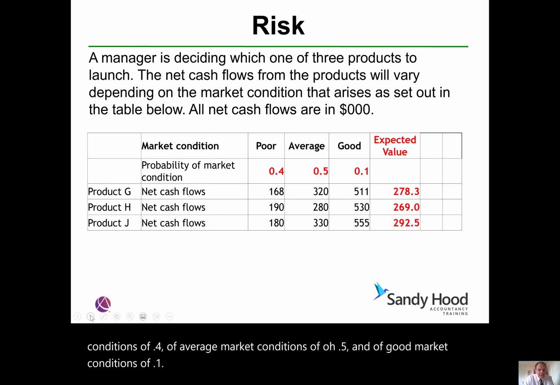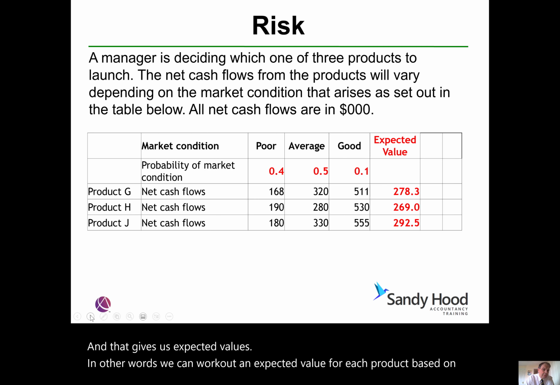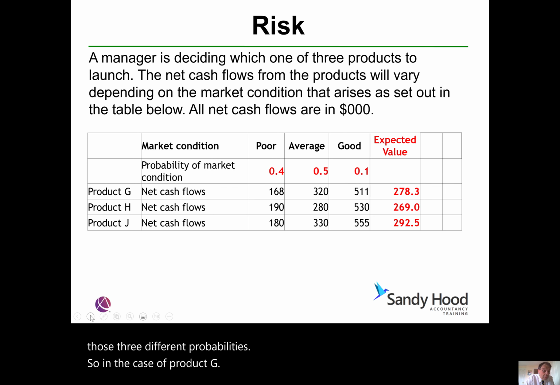And that gives us expected values. In other words, we can work out an expected value for each product based on those three different probabilities. So in the case of product G, 0.4 times 168 plus 0.5 times 320 plus 0.1 times 511 would give us an expected value of 278.3.